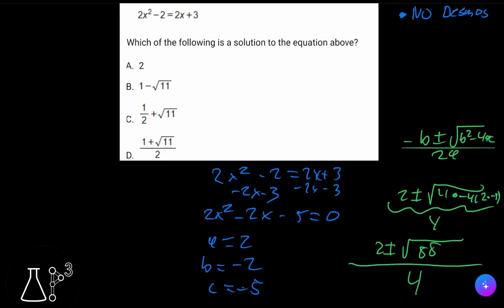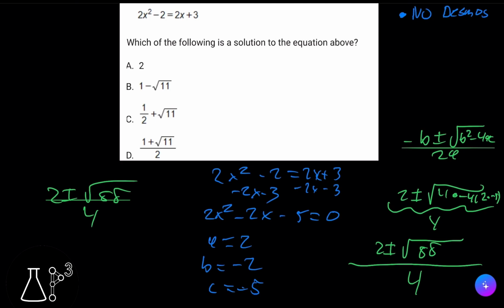So now what I want to do, I'm going to rewrite over here, 2 plus minus the square root of 88 divided by 4. So now I can simplify the square root of 88 by looking for a number that makes it easier and simpler, so I can divide, as the answer is shown in the multiple choice.